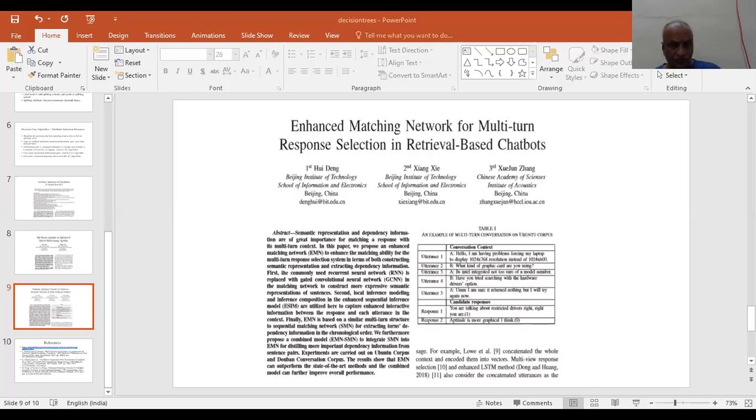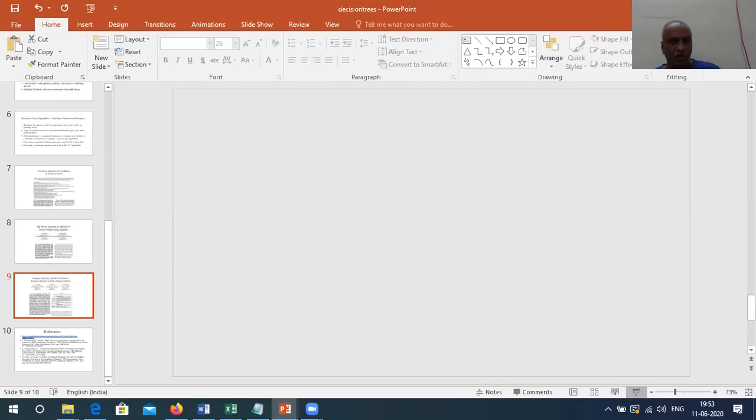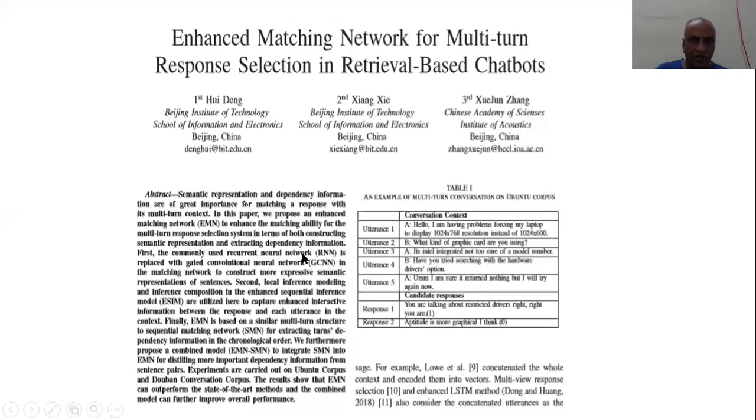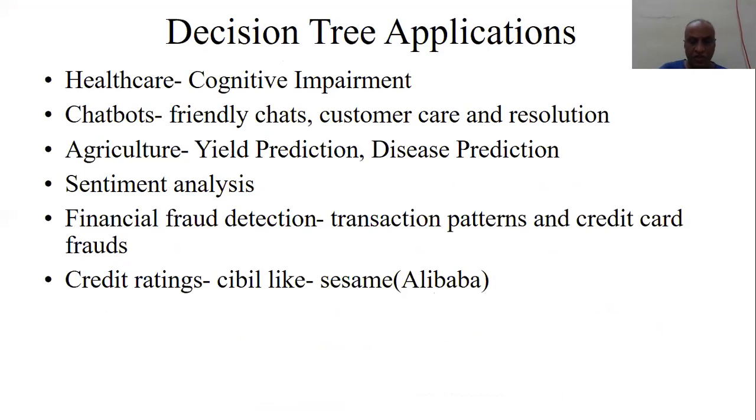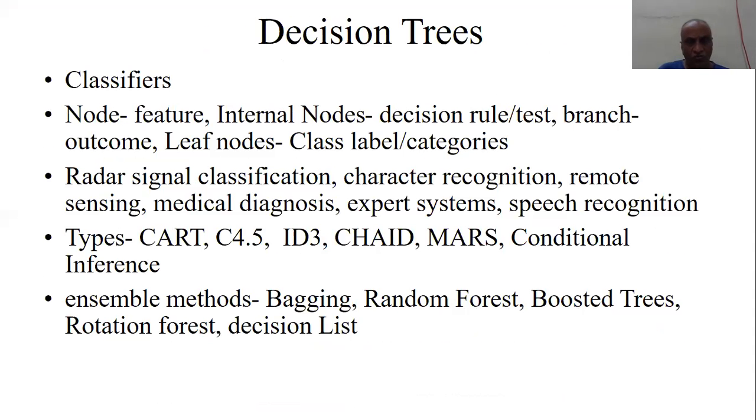So that's it. This was a small introduction to decision trees. We'll continue this discussion with all the algorithms, types of decision trees, CART, C4.5, ID3, CHAID, MARS, conditional inference, and ensemble mechanisms, including random forest and bagging.